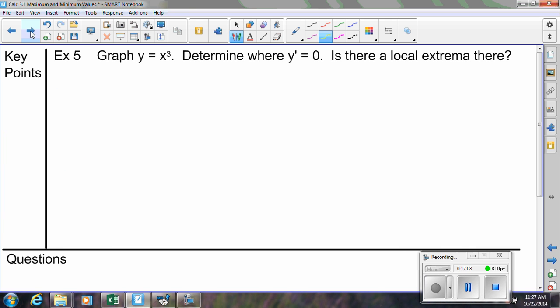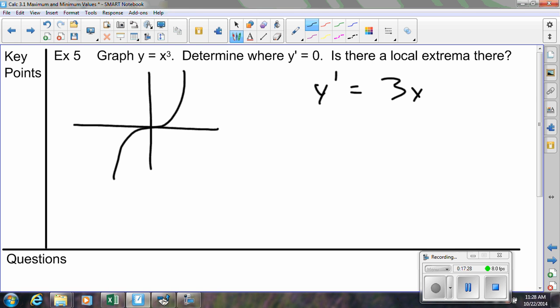Specifically, consider this one. We were just looking at this function before. Granted, we had it slid downward, but we had this piece where we noted there is not a maximum or a minimum. But when we take our derivative, y prime equals 3x squared, y prime equals 0 when x equals 0.